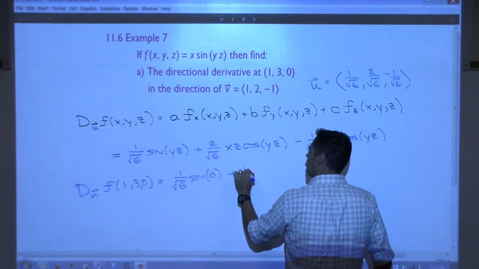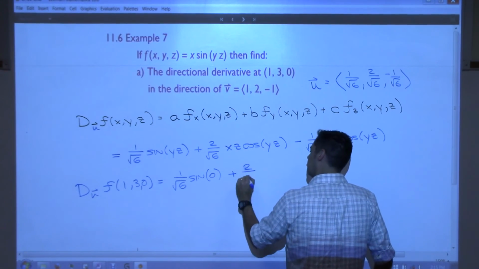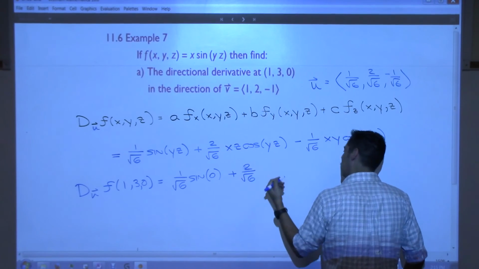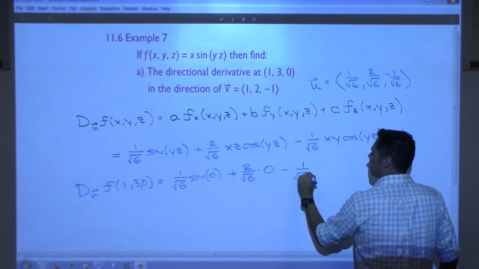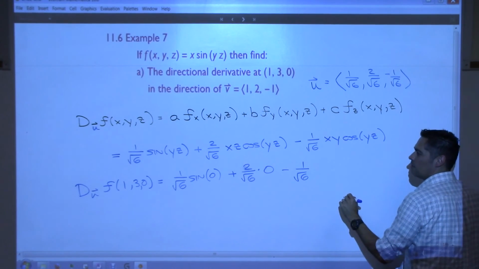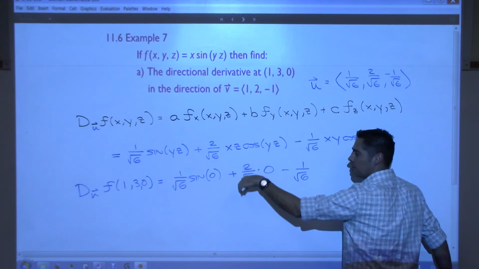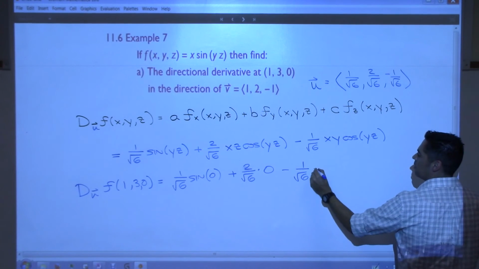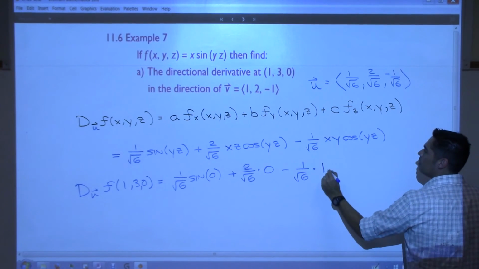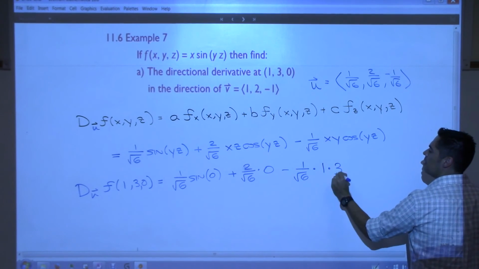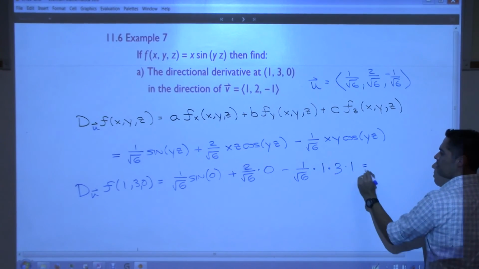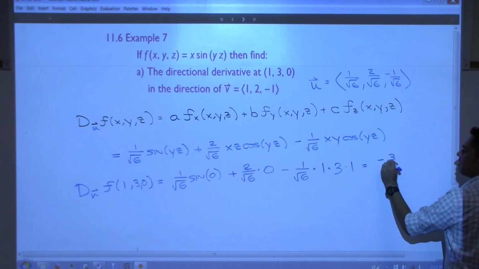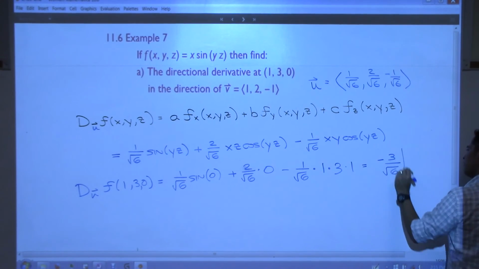Plus 2 over root 6 times 0 again. Minus 1 over root 6 times this one. This one, not so much: cosine of 0 is 1, times y, which is 3. So this is just going to be negative 3 over root 6.